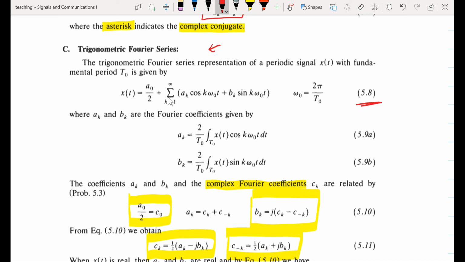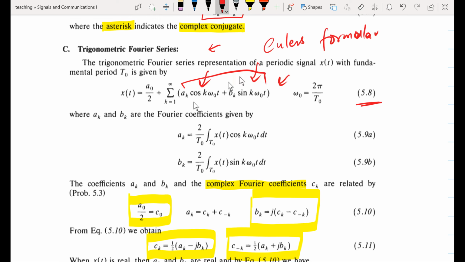And this is pretty much the same way we did the complex exponential, except that we are breaking up our complex exponential using Euler's formula. And we are able to have two trigonometric forms, the cosine and the sine.